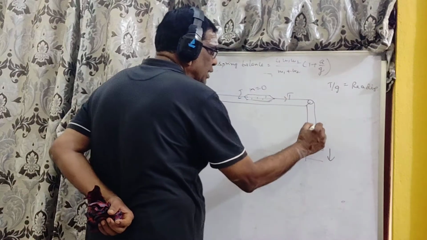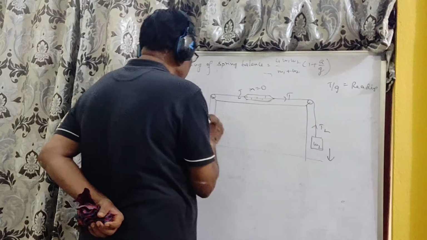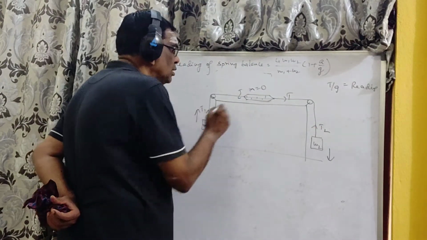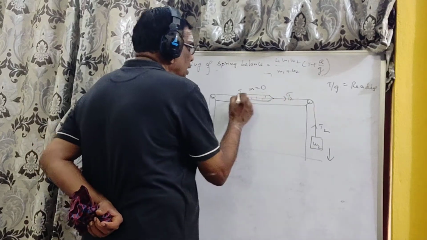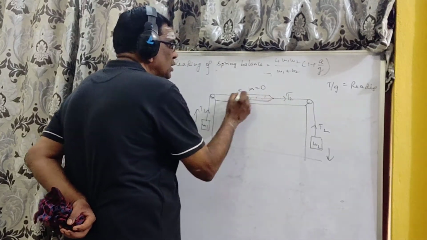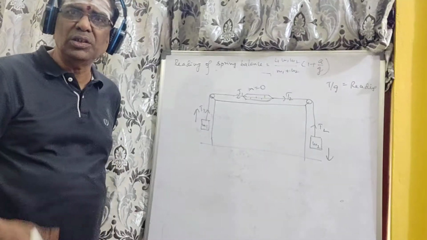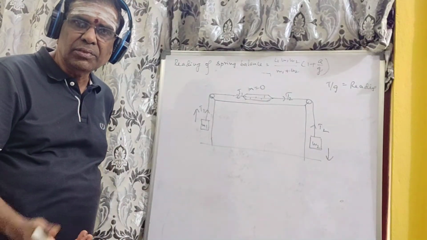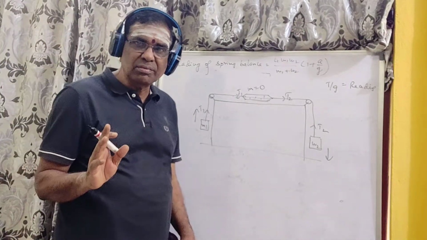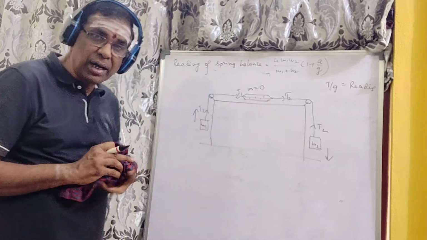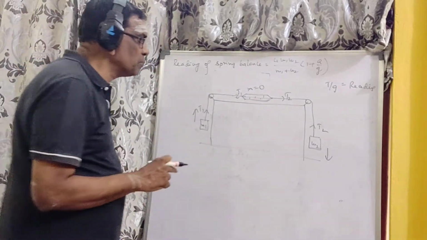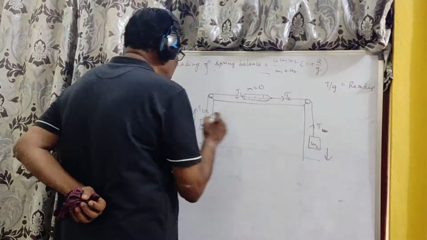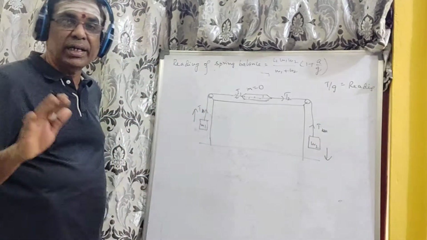Even if I take a T1 or T2 here, let me take T1 here, but the moment I take T1 and T2, T2 minus T1 is equal to 0 into a. So T1 is equal to T2 because I have neglected the mass of the spring balance. Therefore, your T2, T1 are one and the same.